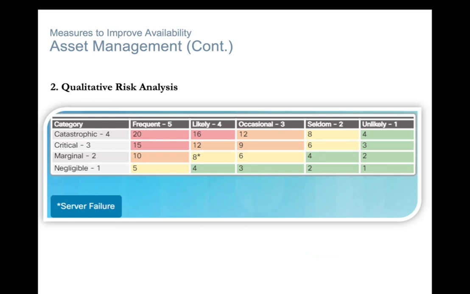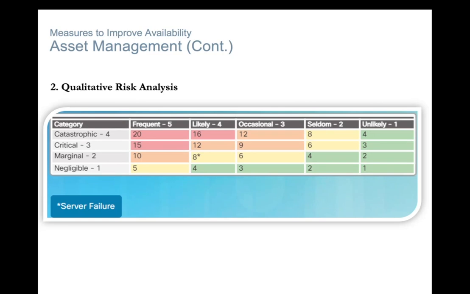A team evaluates each threat to an asset and plots it in the table. The team ranks the results and uses the results as a guide. They may determine to take action on only threats that fall within the red zone.